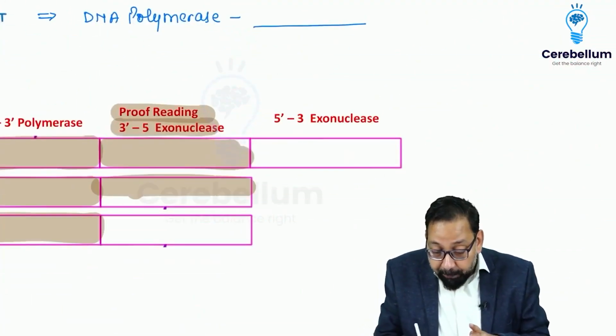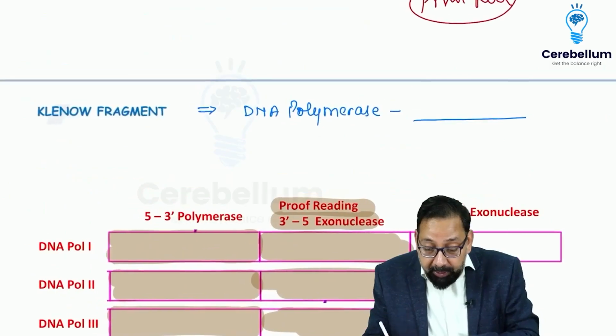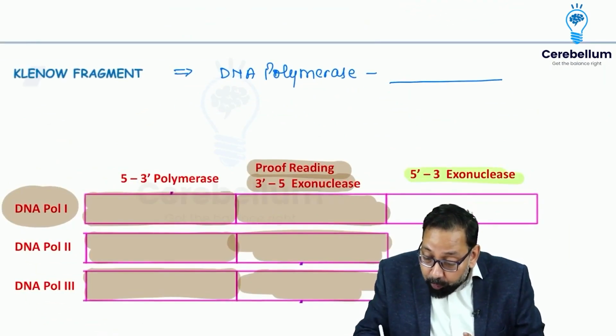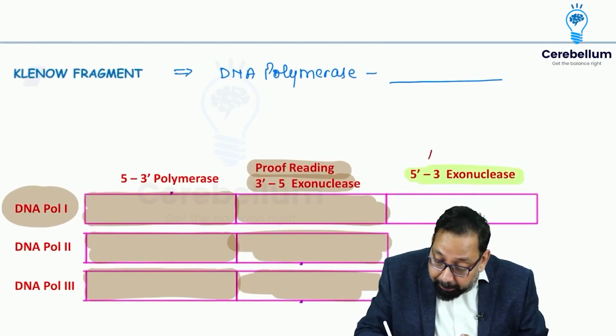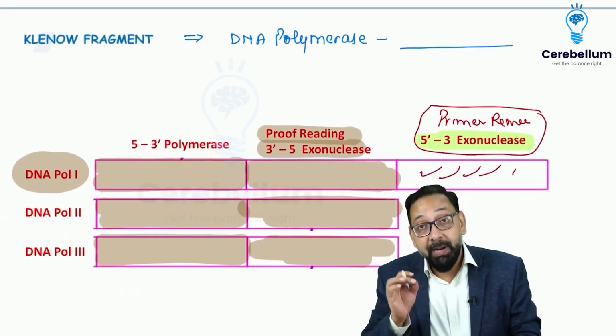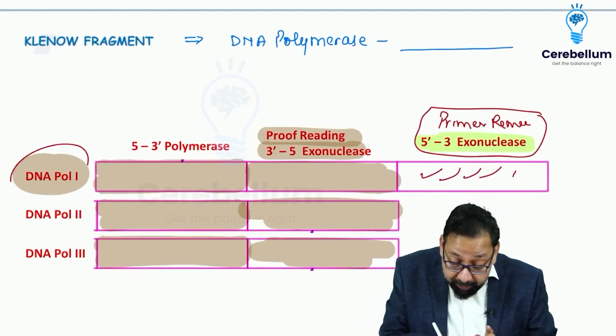We found that DNA polymerase 1 has an extra function, that is 5 to 3 exonuclease activity, primer removal. This enzymatic activity is specific to DNA polymerase 1.